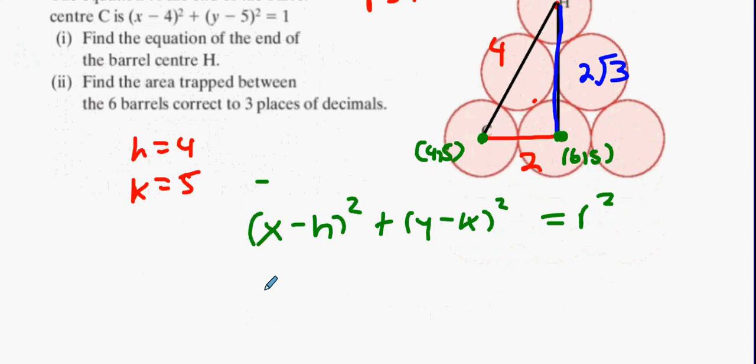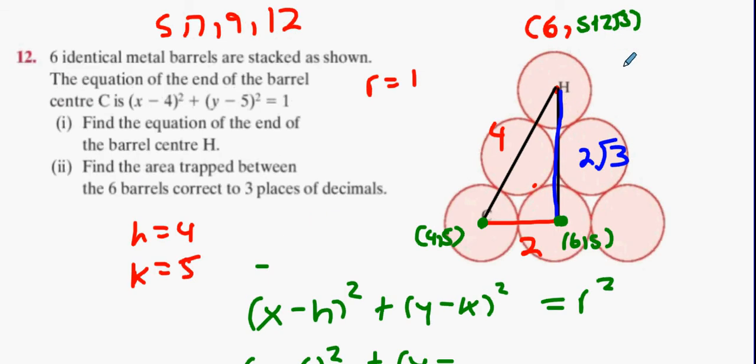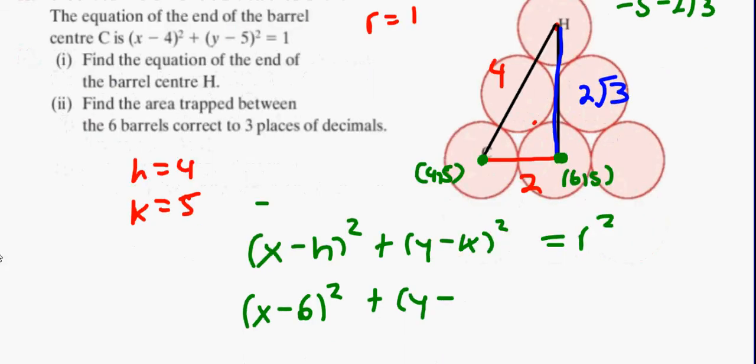I'm about to give it to you. X minus 6 squared, yeah? Y. Now what's this number when you minus it? It's minus 5 minus 2 root 3. That's my answer. Is that what it has in the back, or? Yeah, it's perfectly valid. Who's completely lost?